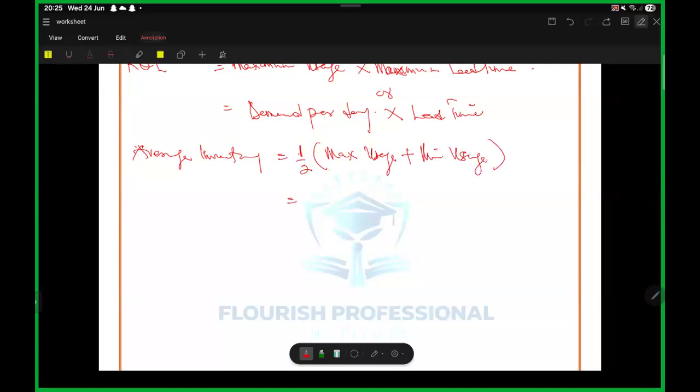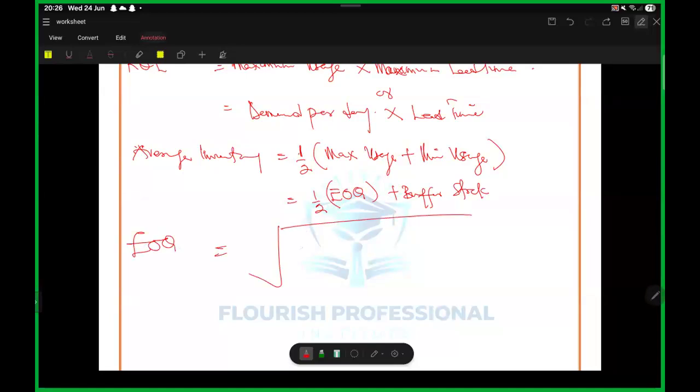Some other people can say it is half of the economic order quantity plus your buffer stock. The buffer stock or safety stock is the stock you set aside in case of any emergency, to use as a replacement. Then we have the economic order quantity, like I wrote the formula: the square root of 2AD over your ordering cost and your holding cost.